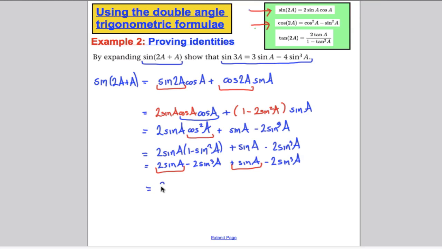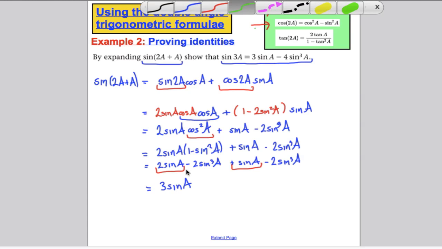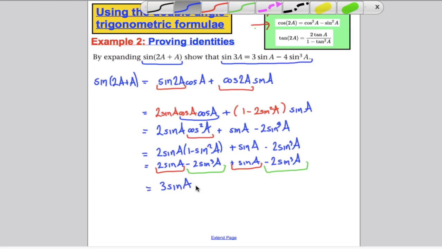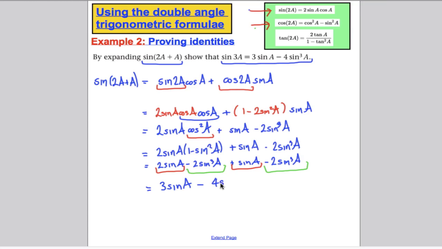So we get 3 sine a. And the negative 2 sine cubed, subtract another 2 sine cubed, gives us the negative 4 sine cubed a we're after. And hence we have shown that sine 3a is what we were asked to show, and we're done.